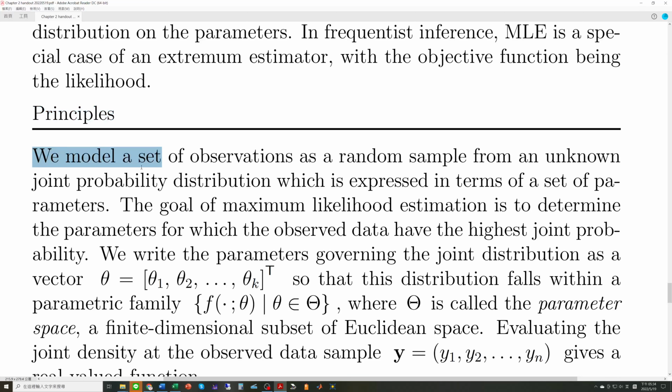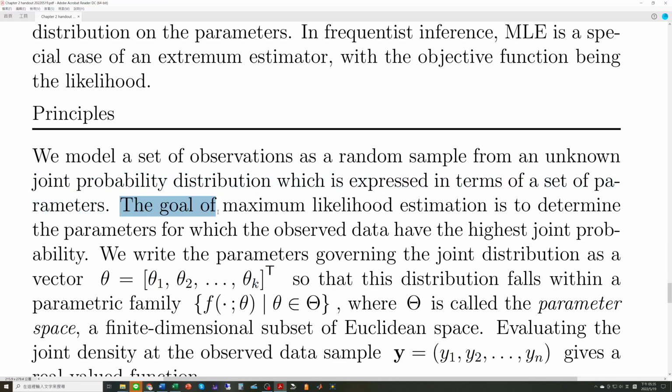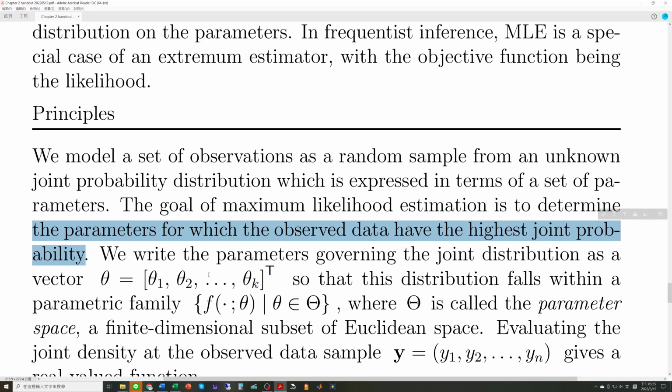We model a set of observations as a random sample from an unknown joint probability distribution, which is expressed in terms of a set of parameters. The goal of maximum likelihood estimation is to determine the parameters for which the observed data have the highest joint probability.